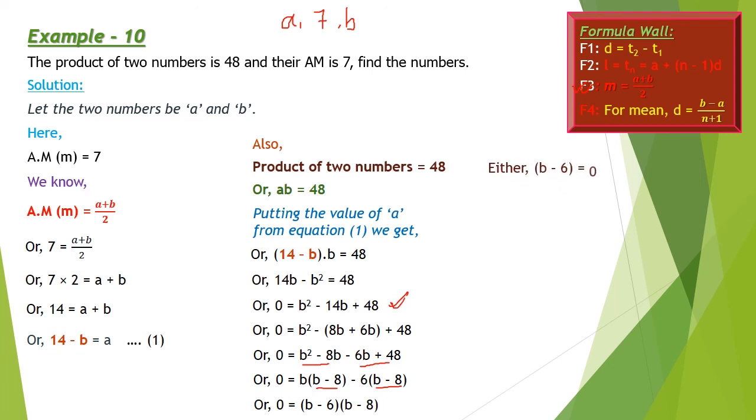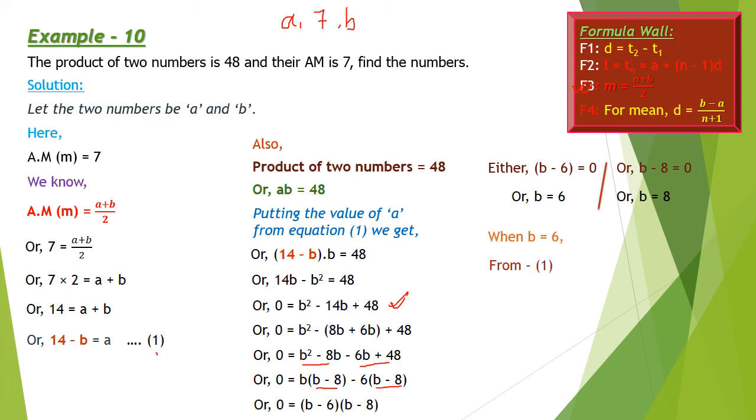So either b minus 6 is equal to 0 or b minus 8 equal to 0. Then b is equal to 6 and b is equal to 8. Now we have to find the value of a, and there will be two values of a. When b is equal to 6, then the value of a will be from equation 1.